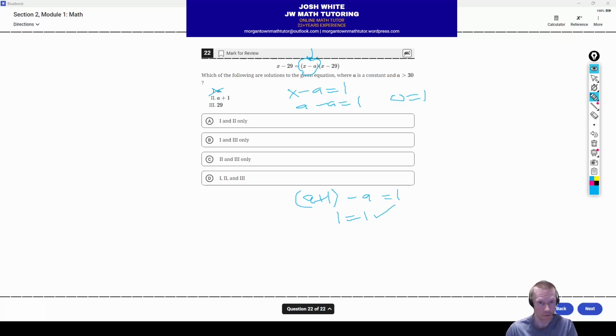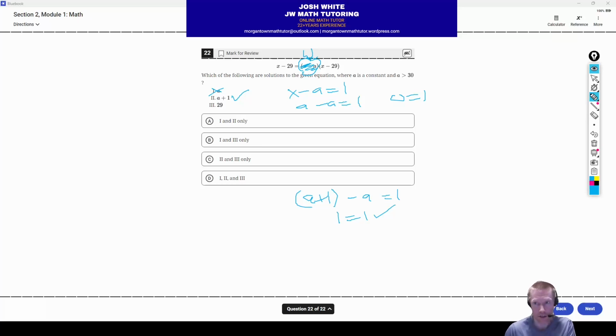So if you plug that in up here, this whole thing would just become 1, and you would get x minus 29 equals x minus 29. Really, you're looking for the original equation to have the same number on both sides for one of these expressions to be a solution.